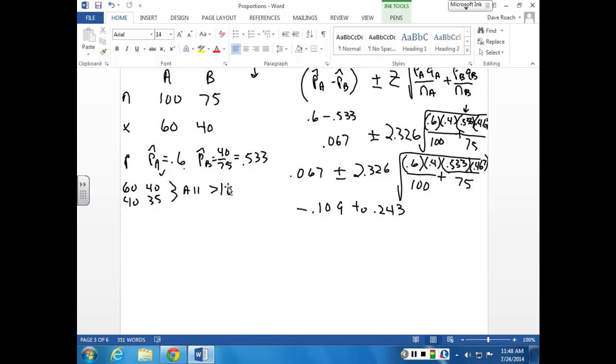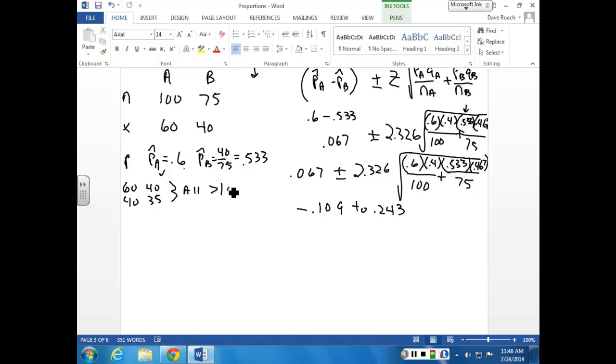Okay, so now for the hypothesis test. If you look at that formula that I gave you, you'll see that there's a p-bar. What that stands for is a pooled proportion.